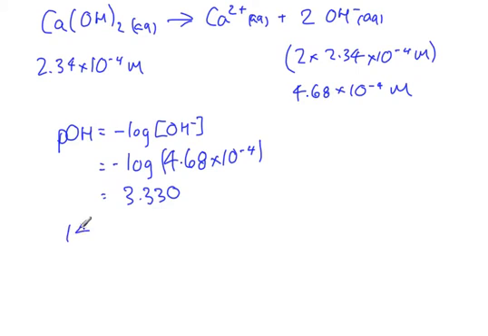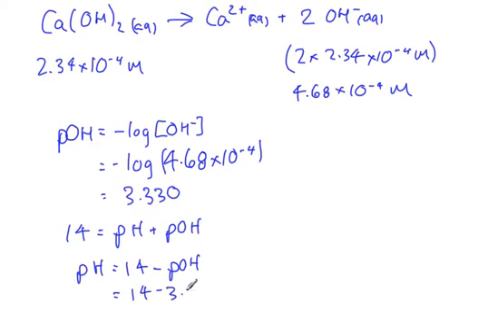Now if you remember, 14 equals pH plus pOH. We're interested in pH, so pH equals 14 minus pOH. So that equals 14 minus 3.330. And so the pH of this solution of calcium hydroxide is 10.670.